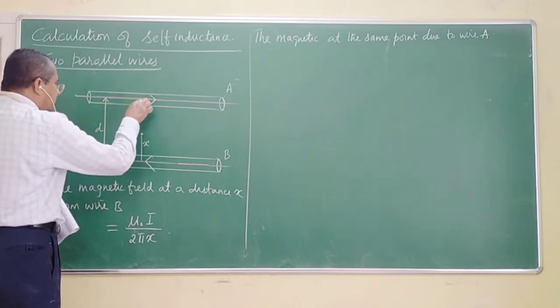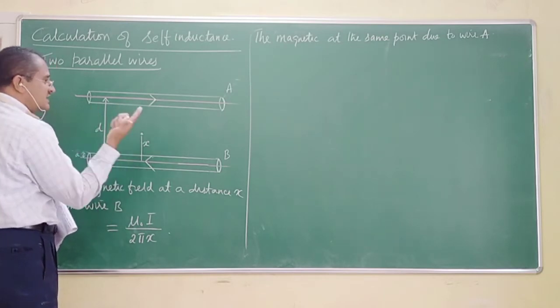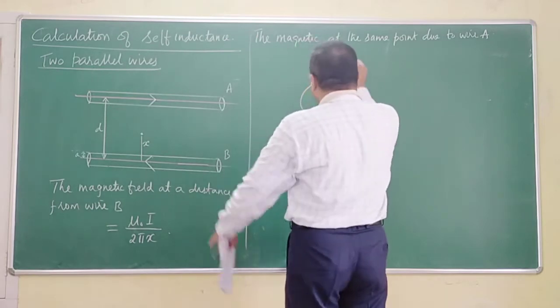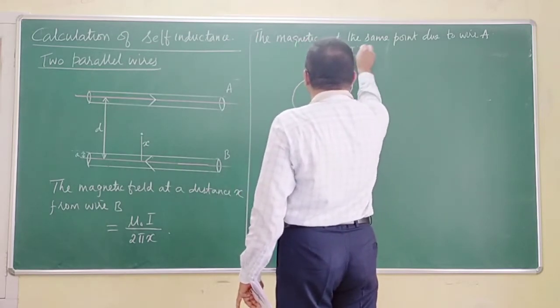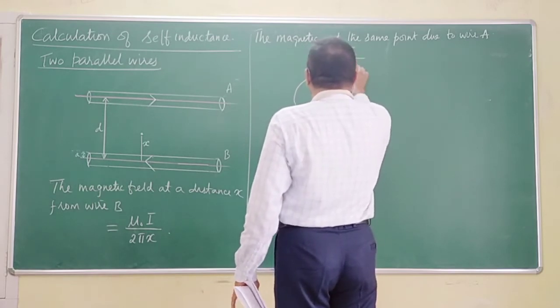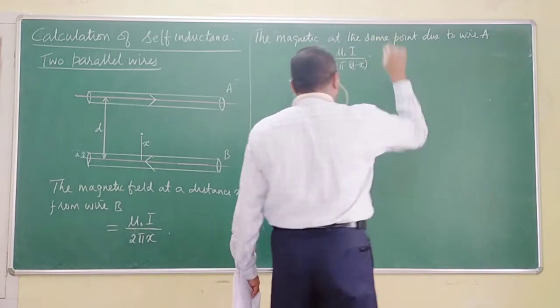Therefore, from this wire, this point will be at a distance d minus x. And therefore, I will write this magnetic field as mu naught I by 2 pi (d minus x).